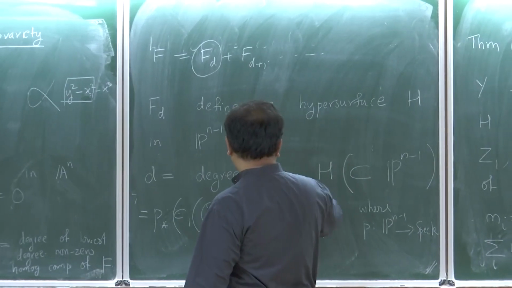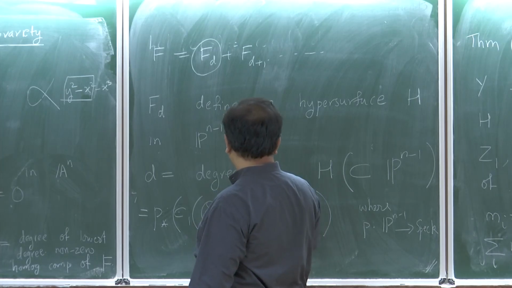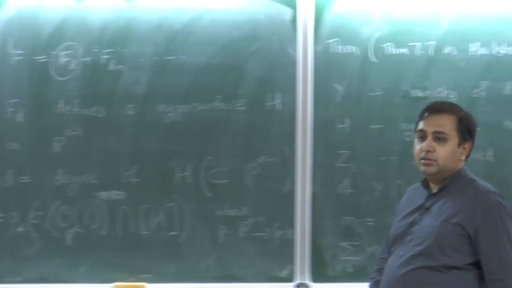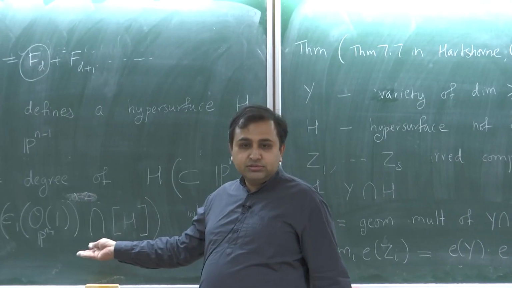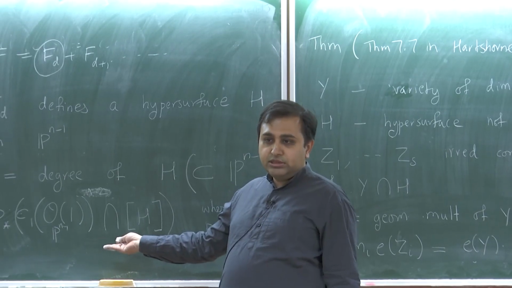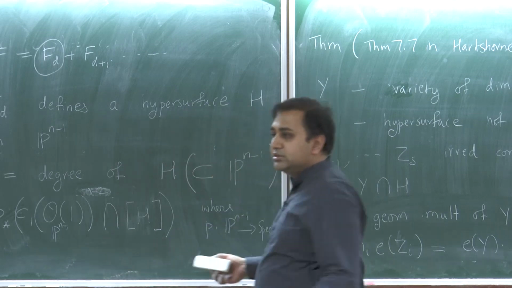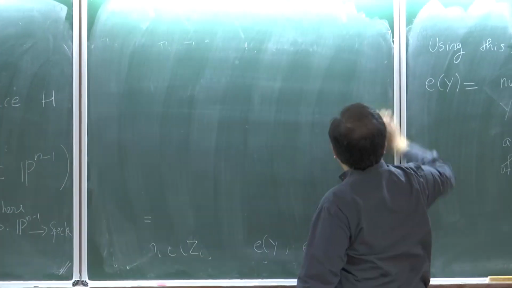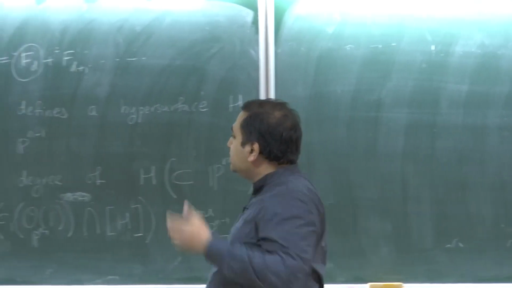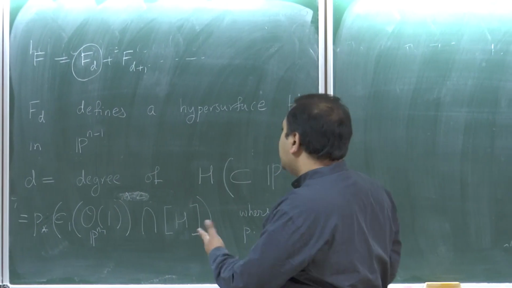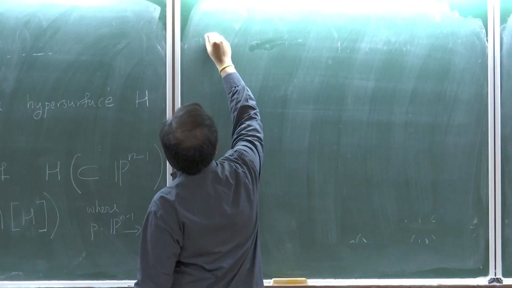This is a hypersurface, so n minus 2 is what I should be saying. Now, does this look very familiar? Isn't this exactly the Segre class? That's what the Segre class is doing. So this is what you feel like doing at a point. Again, slightly more complicated, so more generally.